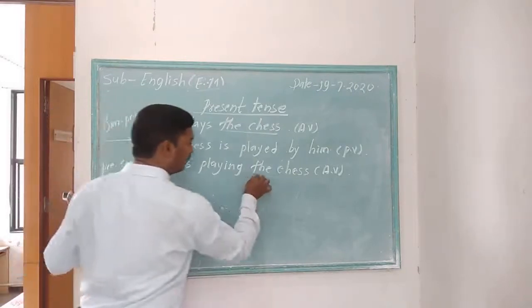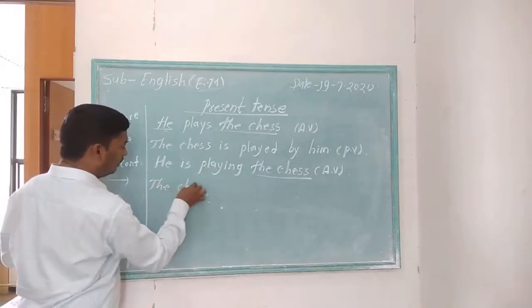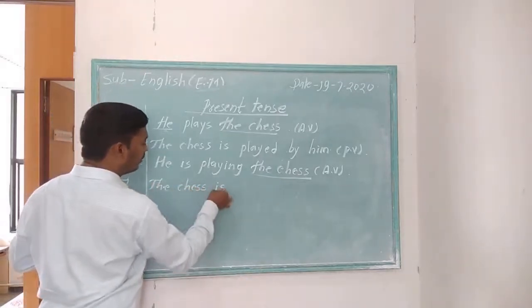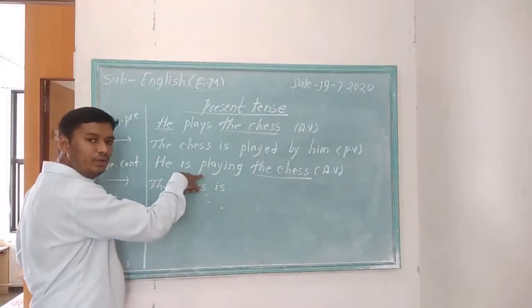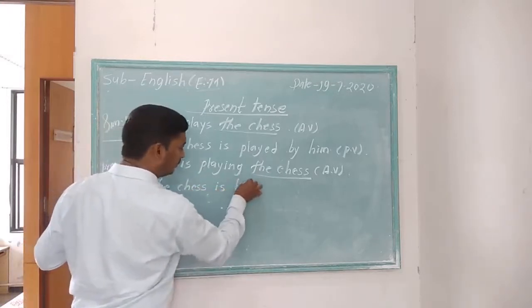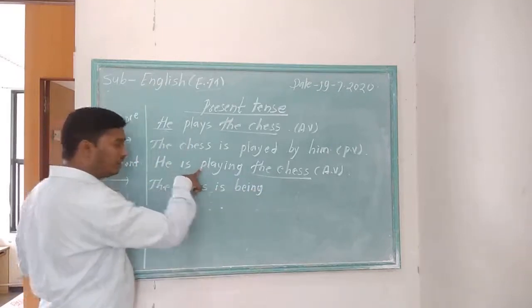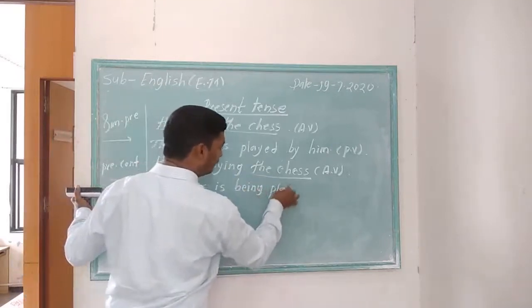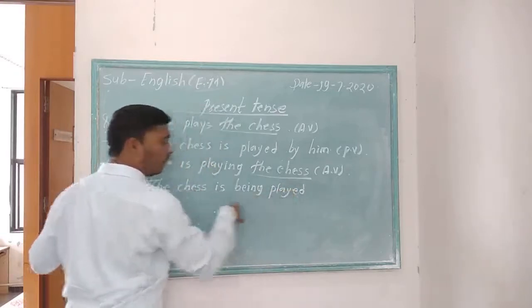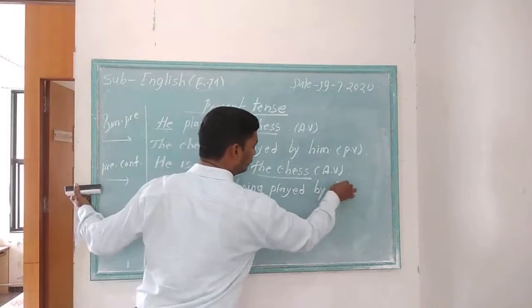First take the object as per our rule, the chess. Then the proper auxiliary, is. It is continuous tense, so after the proper auxiliary verb take "being" according to our rule. Then the past participle of the verb play, played, then "by", then he into him.